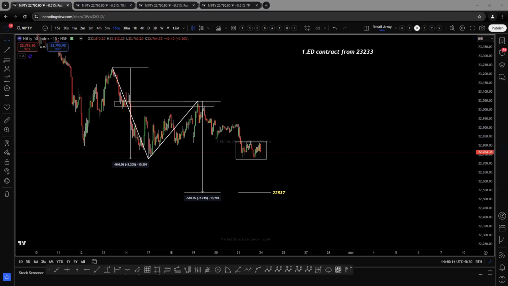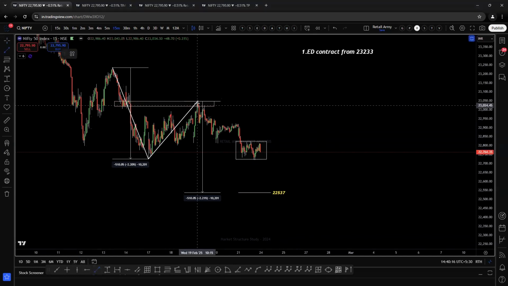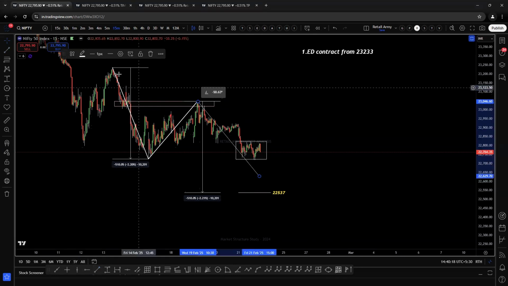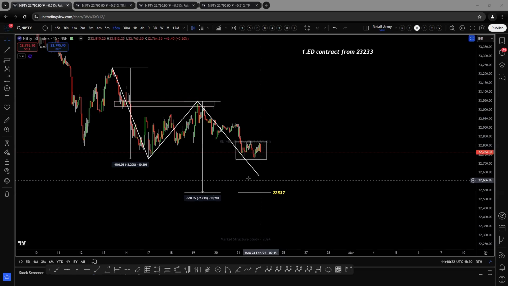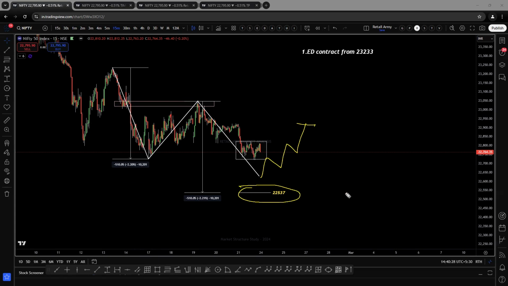This means that the next leg of the fall, when it continues, should come and cross again on the upside, give us a correction on top like this, but it should not cross your 22,537. So basically this is nothing but your A, B, C, your D leg will come, and then the final fall as E leg. All right, I hope this is clear.